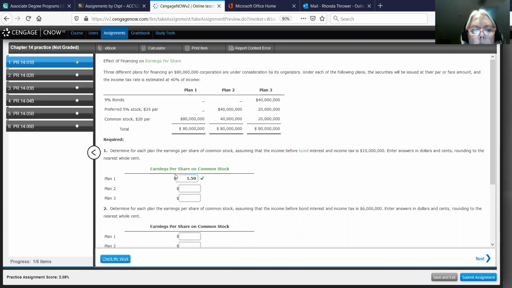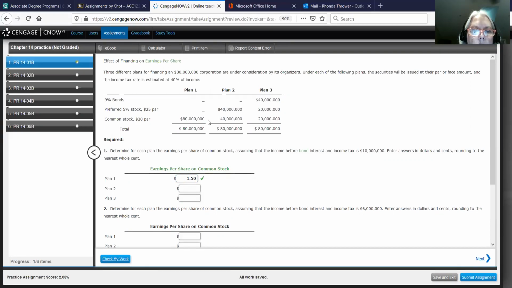That's the earnings per share on the common stock. In the next part of this, they want you to do the same thing, find the earnings per share on common stock for plan number 2.